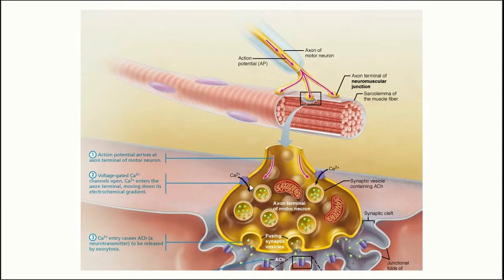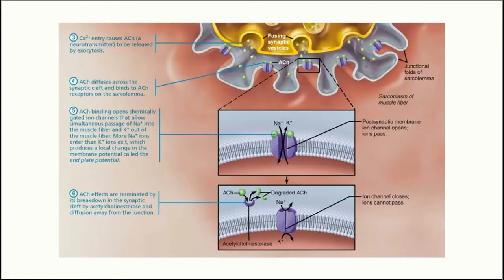And then that stimulus is calcium entering the axon terminal, and calcium assists in the synaptic vesicles binding with the plasma membrane of the axon terminal, fusing with it, and essentially dumping their acetylcholine cargo into the synaptic cleft, which is the space between the axon terminal and the sarcolemma of the skeletal muscle. So those are the first three events that happen at the neuromuscular junction.